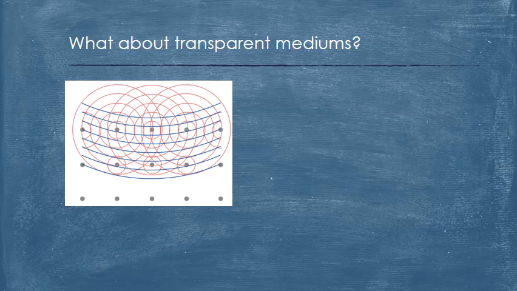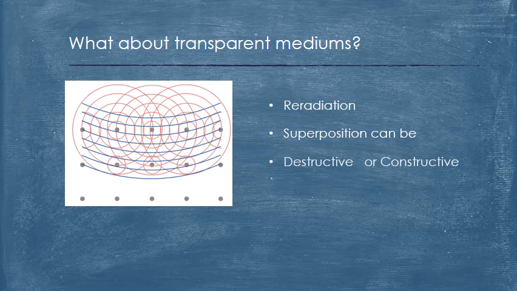So what happens in transparent media? Well, you get this re-radiation, but if the medium is transparent, you have this superposition going on. You have constructive or destructive interference. Destructive is that the waves, when they come together, when you add up their displacement, add up to 0, or less than the individual displacements by themselves.